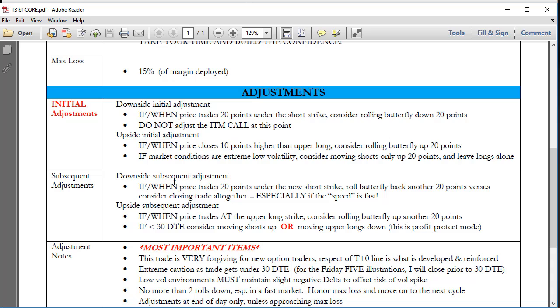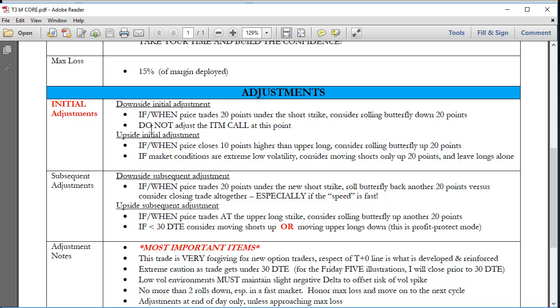The second downside adjustment would be if it traded another 20 points under the short strike, roll back another 20 points, or consider closing it altogether, especially if it moves fast. And I'll show that in an example in 2011. I'll even do 2008 when the market was really unraveling and this trade performed perfectly fine.